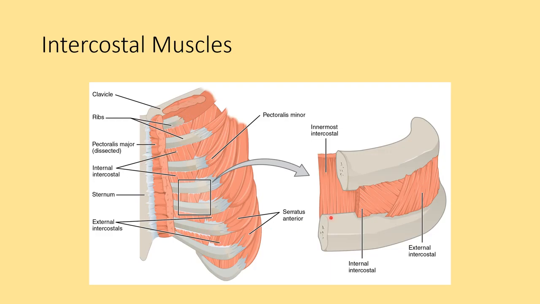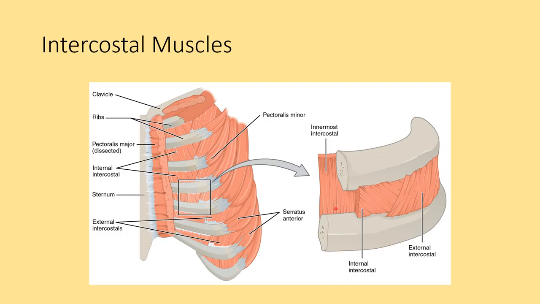And then underneath that, you've got your external intercostals. Beneath that, you've got your internal intercostals. So you can distinguish the two by the layering, but also, once again, look at the direction of the fascicles of the fibers.